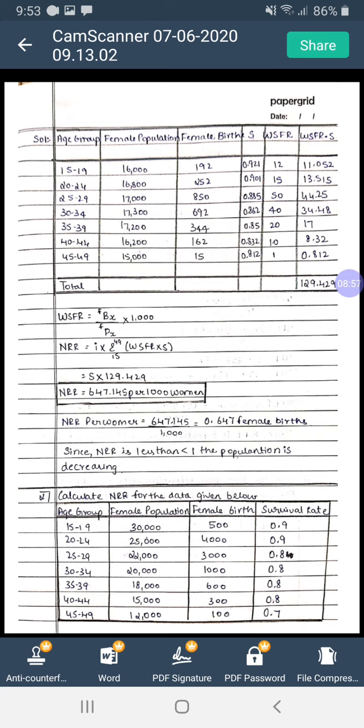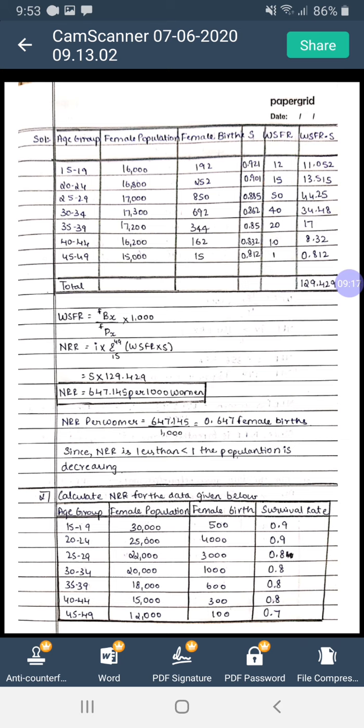Female birth: 192, 252, 850, 692, 344, 162, 15. And survival rates are 0.2921, 0.901, 0.885, 0.862, 0.85, 0.832, 0.812.